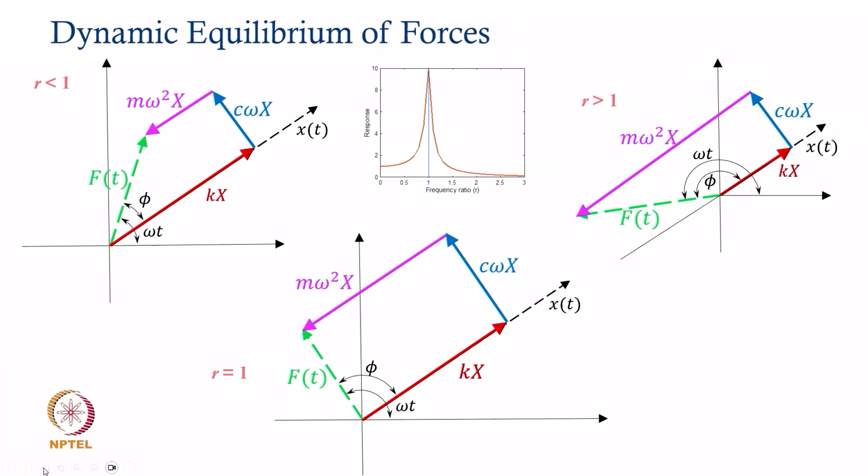Now, there is one interesting thing that you must understand from this polygon: at resonance the restoring force and the force m omega square x are equal and opposite, right.